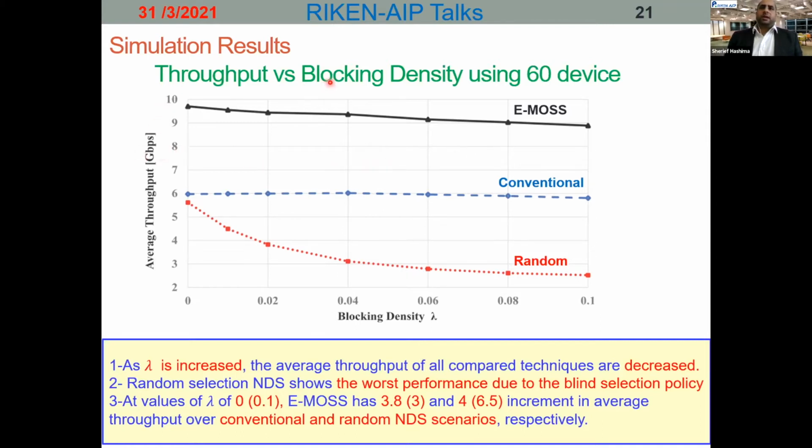Here is the throughput against blocking density for EMOS, conventional, and random. We mean by random that we choose one random nearby device. Also, from the figure, if we increase the blocking, the throughput decreases, and this is already known. And also, EMOS gives promising results.